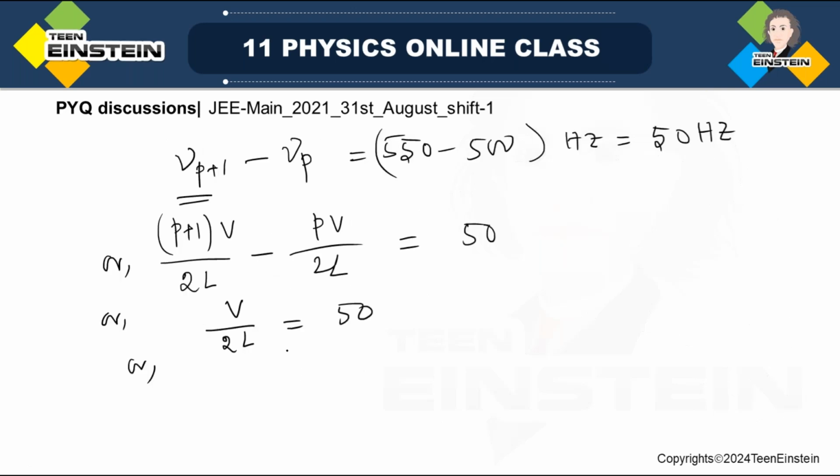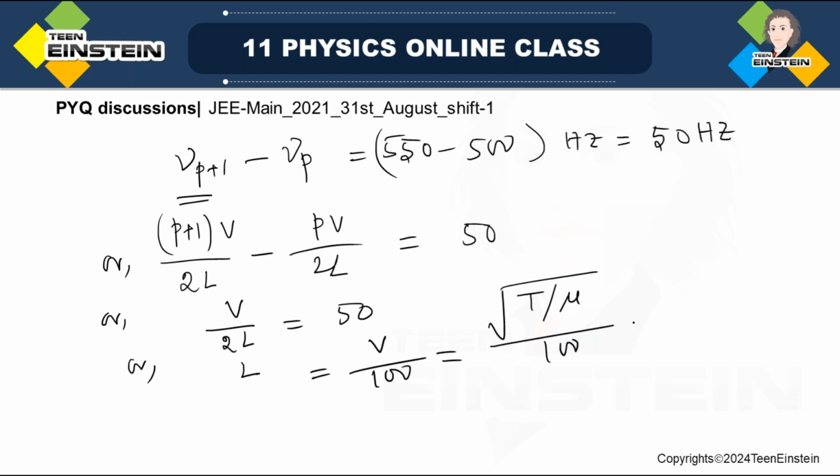We have to find the length of the string in meters, so L will be V by 100. What is V? V is square root of T by mu, divided by 100. T is given as 900 Newton tension, and mu is 9 into 10 to the power minus 4.